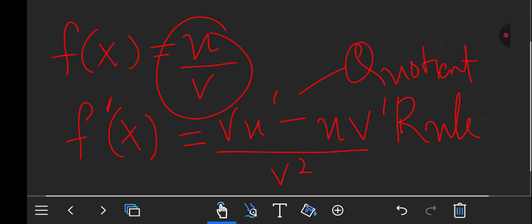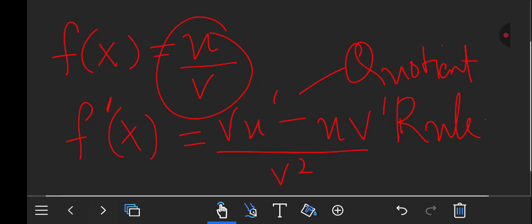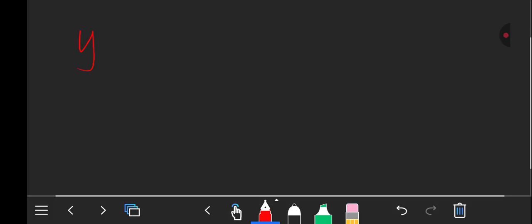Let's go to the next one. Our second question is y is equal to tan x. But we can change this tan x into a fraction. I'm going to say tan x is equal to sin x over cos x.